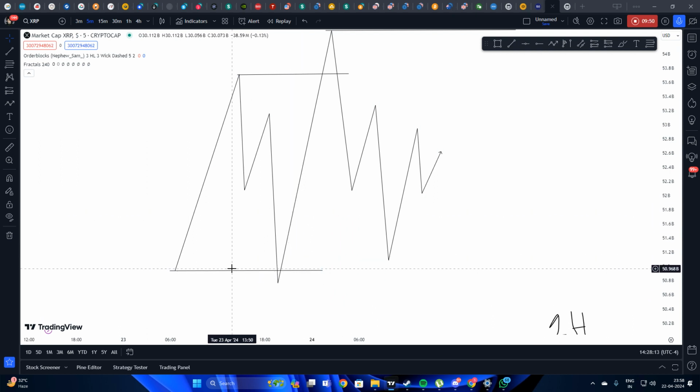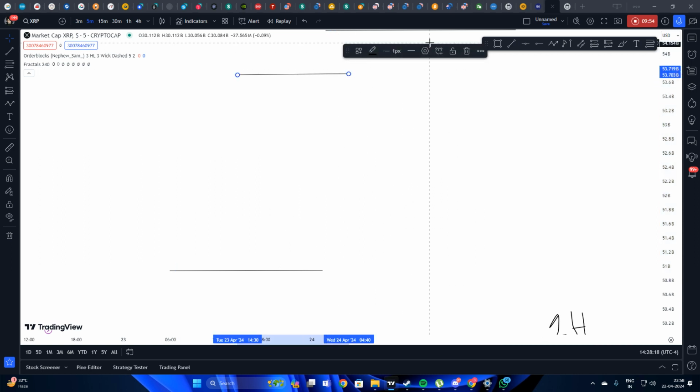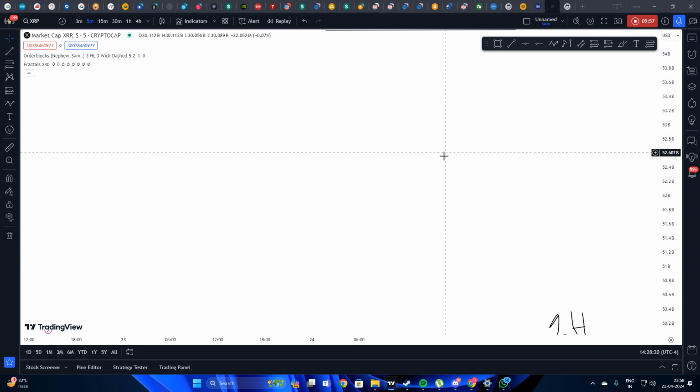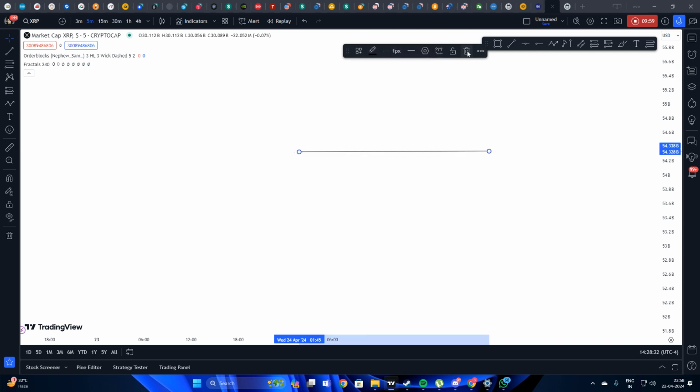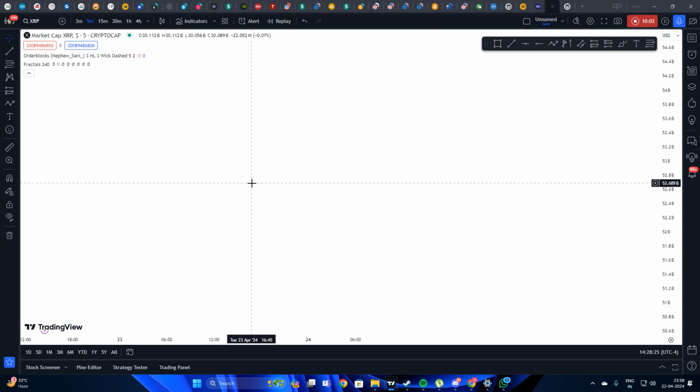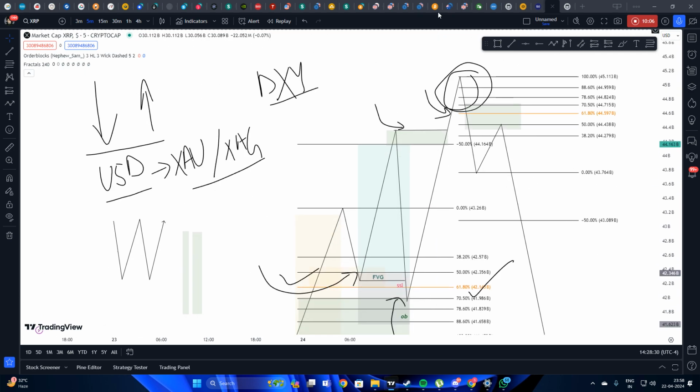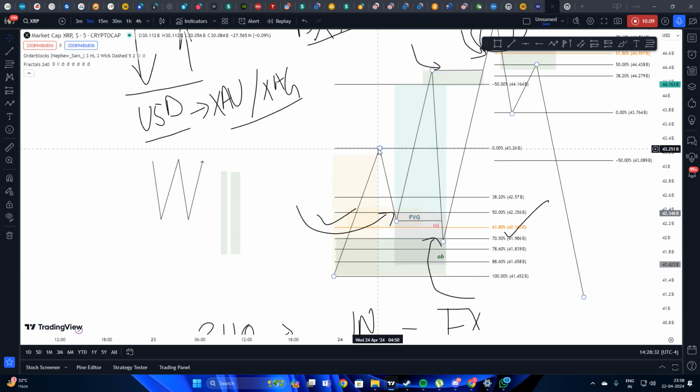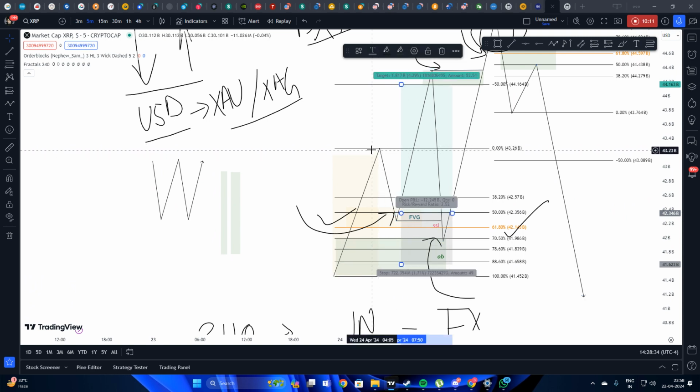The markets do mostly take out swing highs and low points, but the markets do take a lot of time to take those out. So always put your entries and stop losses in the internal swing points. Like this is an internal side sell liquidity, this is an internal buy side liquidity, this is an internal side sell liquidity.